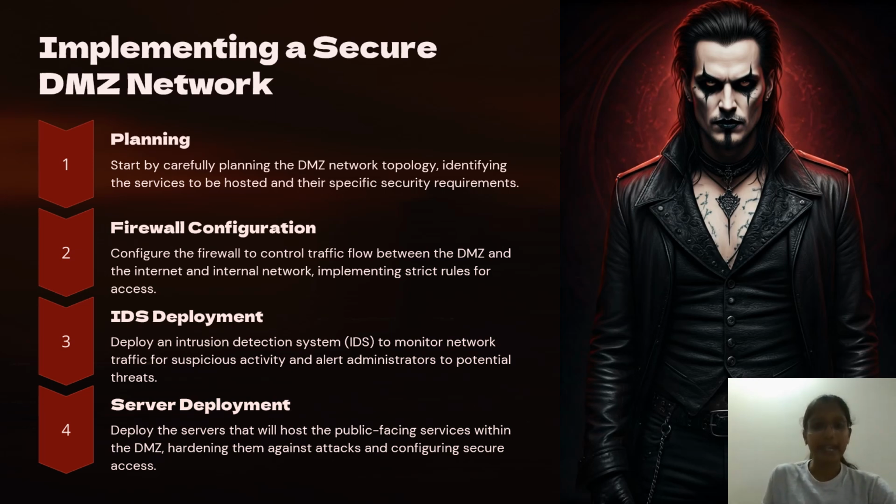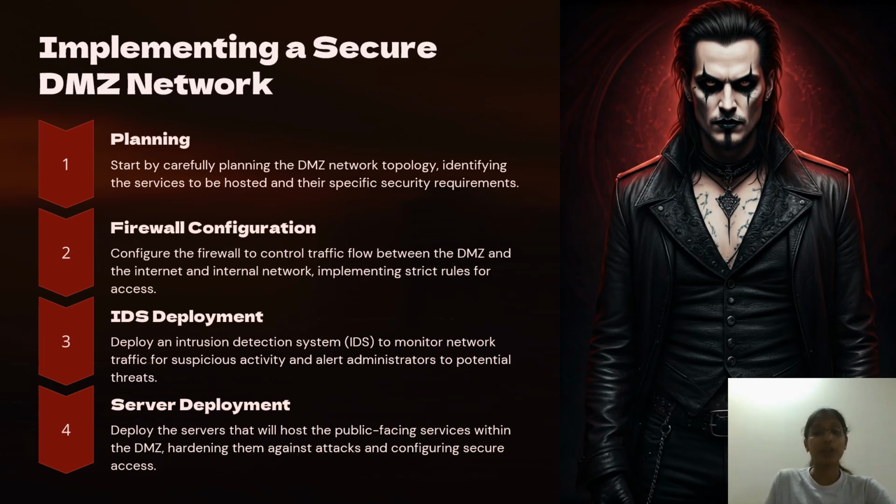Then I have planning. Start by carefully planning the DMZ network topology, identifying the servers to be hosted and their specific security requirements. Then I have firewall configuration. Configure the firewall to control traffic flow between the DMZ and the internet and internal network, implementing strict rules for access.